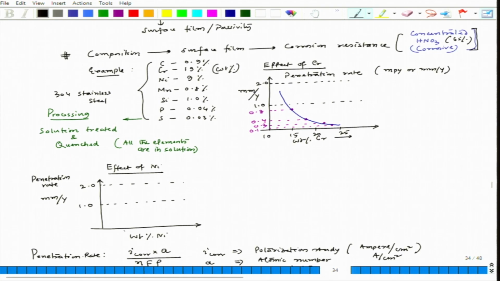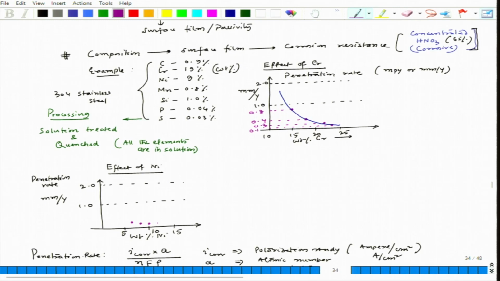If we talk about that, let us say we start from 5%, 5, then 10, then 15, you will see that close to around 7%, the corrosion rate would be around this level, 8% around this, 10%.